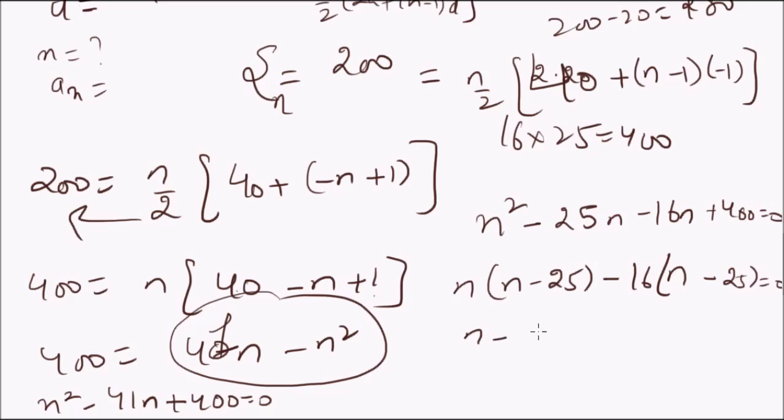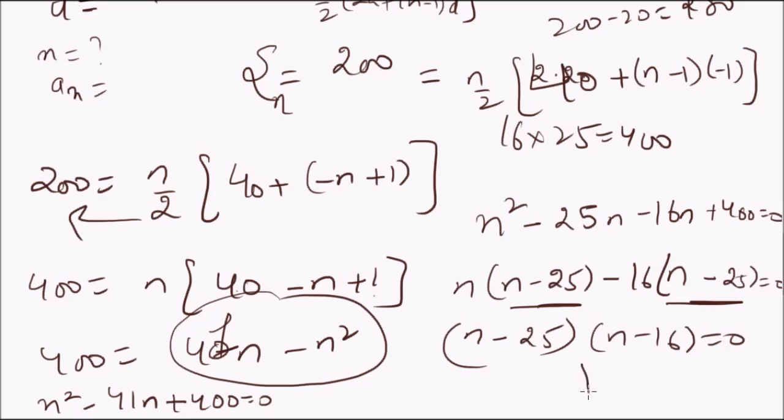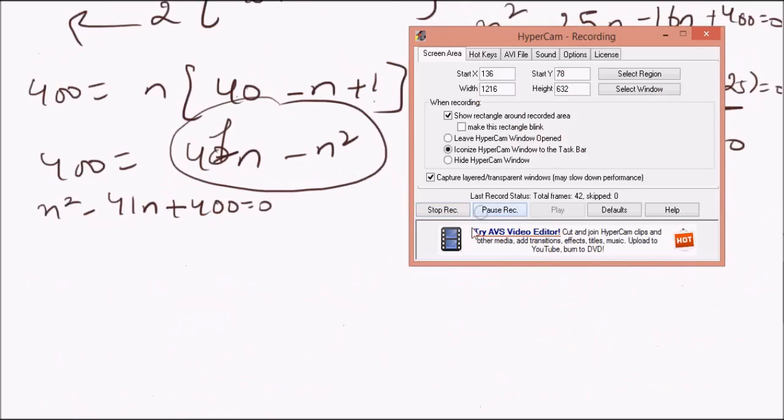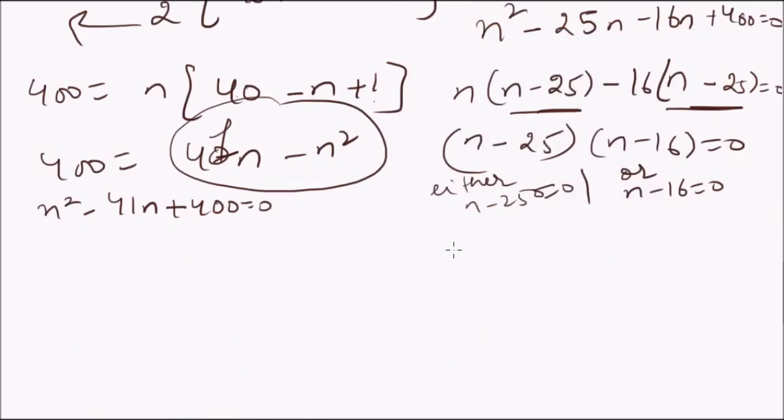Thus, n minus 25 when brought common from both the terms will give us n minus 16 here. Thus, either n minus 25 is 0 or n minus 16 is 0, or n equals 25 or n equals 16. Thus, there can be either 25 rows or 16 rows.